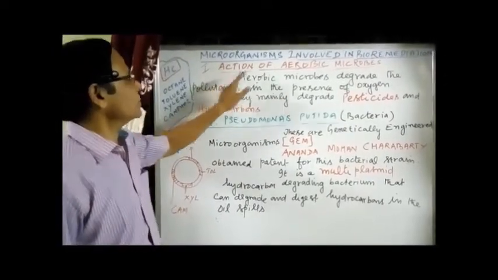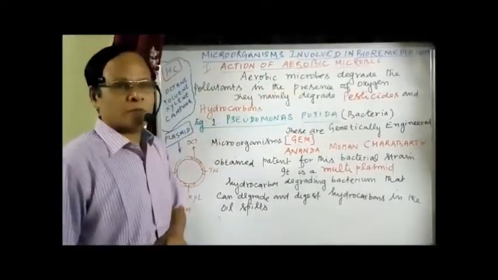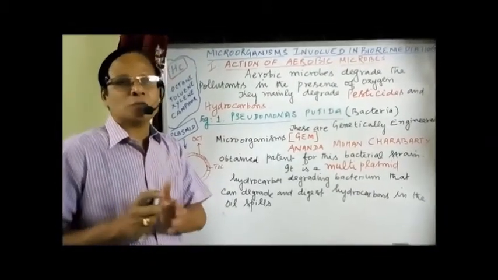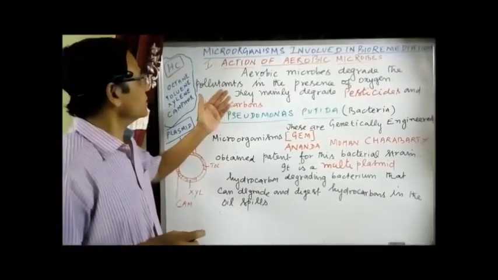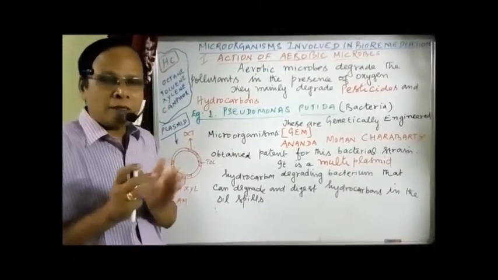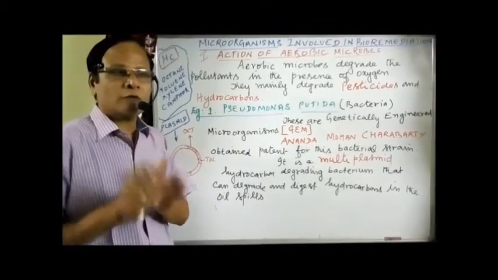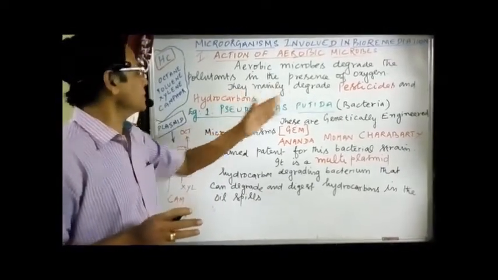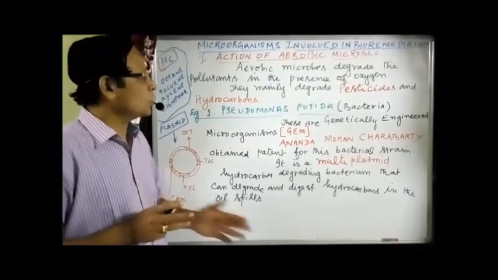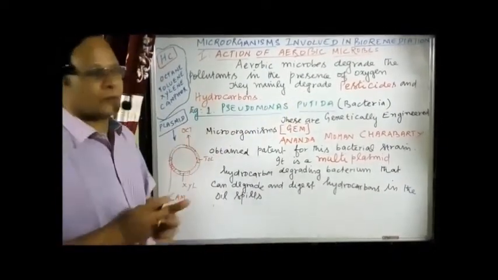Number one, action of aerobic microbes. These microbes can degrade the pollutants in the presence of oxygen. That's why they're called aerobic microbes. They mainly degrade pesticides and hydrocarbons. Their main action is on pesticides and hydrocarbons.